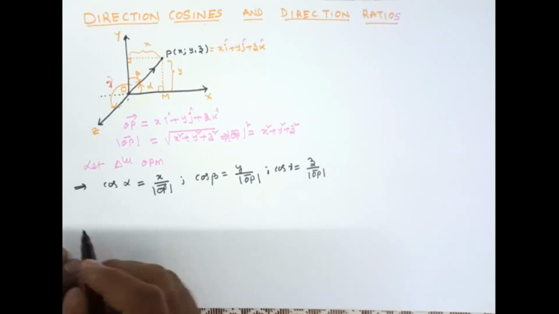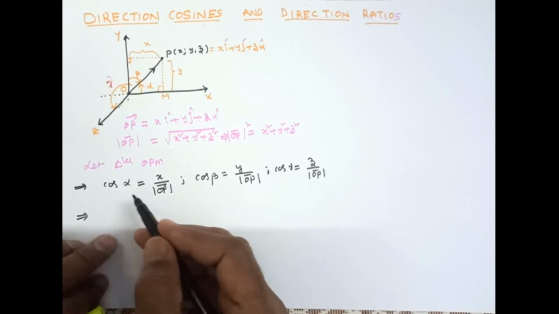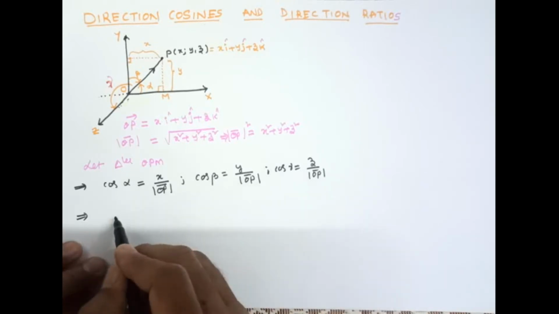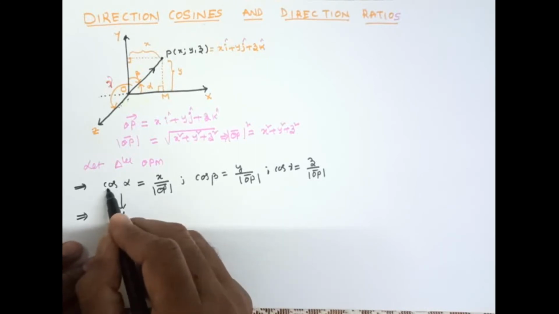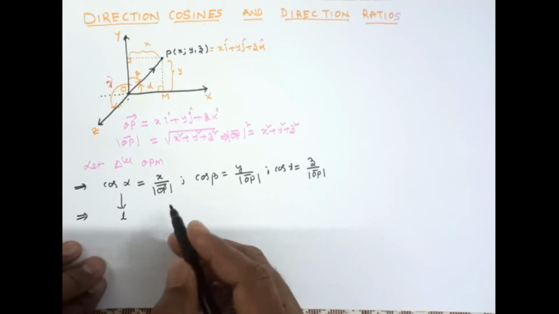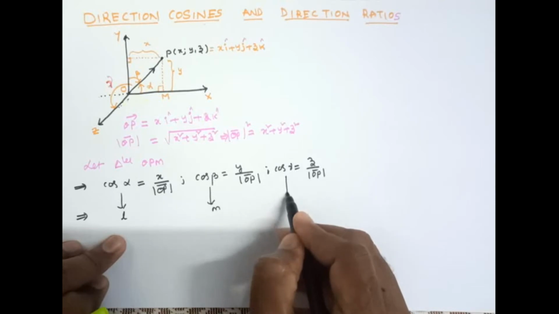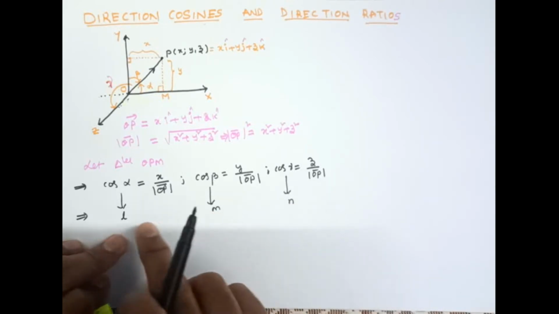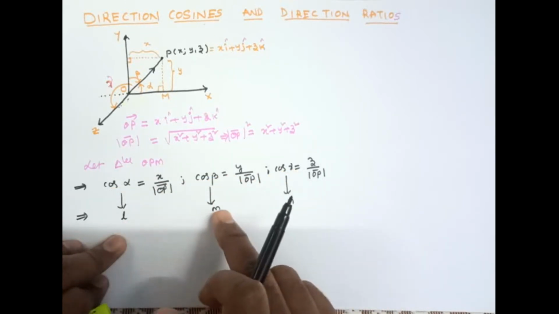If we consider cos alpha, cos beta, cos gamma as l, m, n, simply one letter each, then cos alpha, cos beta, cos gamma are denoted by l, m, n.